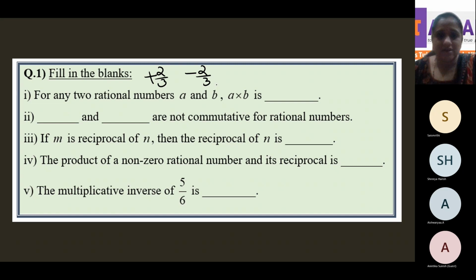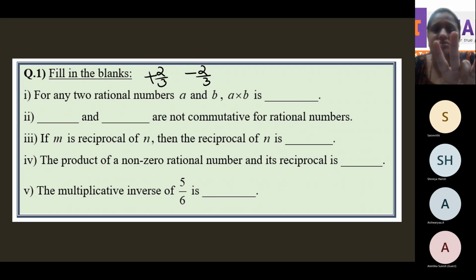A rational number has a numerical value and a sign attached to it. For the negative of a rational number, you don't disturb the numerical value; you only change the sign. If it is positive, you make it negative. If it's negative, you make it positive.